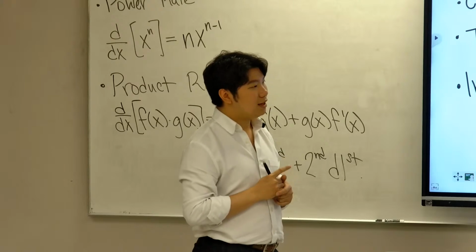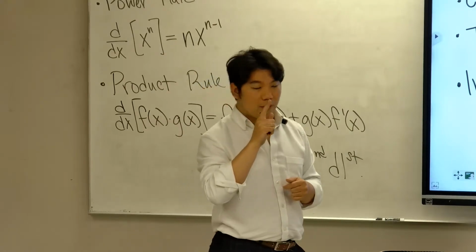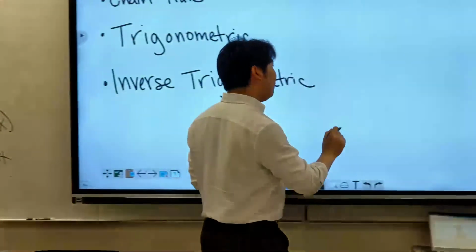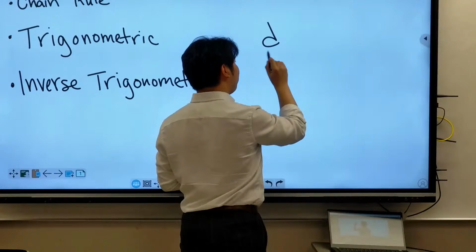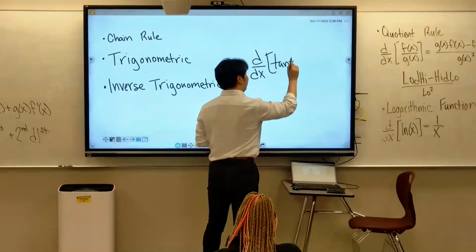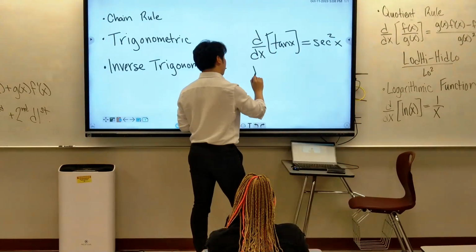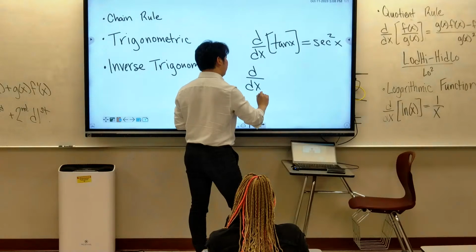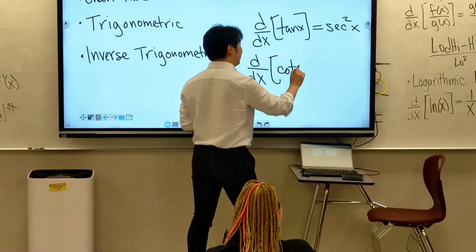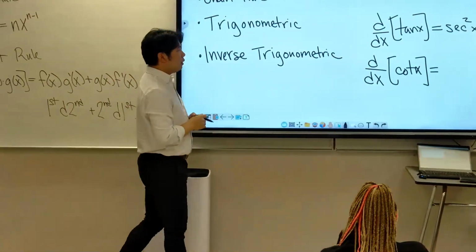Not secant times tangent, because we know the derivative of secant was secant x tangent x. Well, we just did tangent, right? You told me that that's secant squared of x. Now if I want the derivative of cotangent of x, well, let's see.